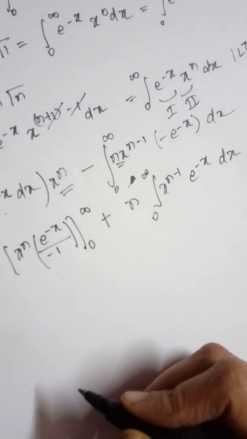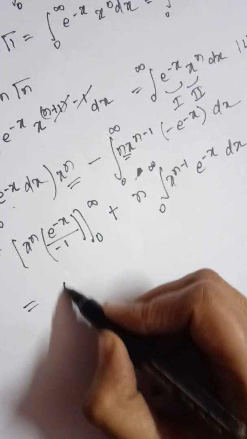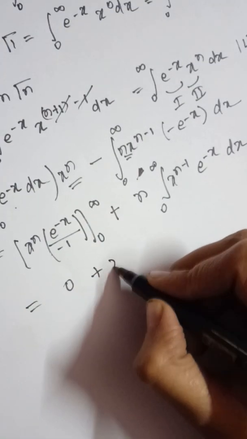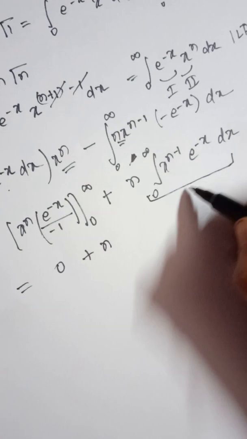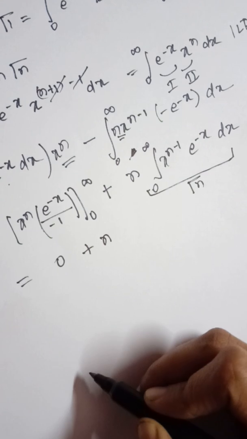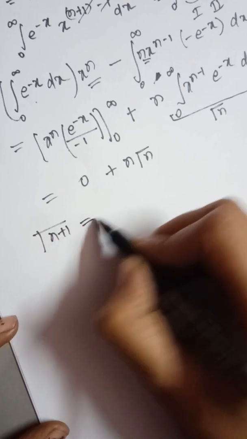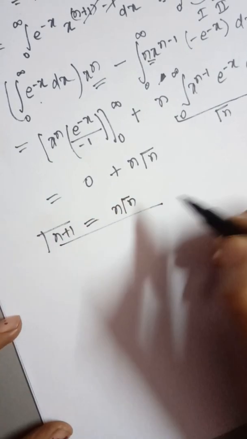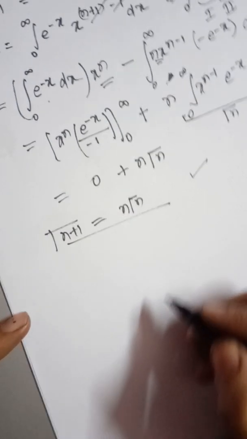Okay friends, so now when we put the limits, this term disappears, the only term left is n, and if you see this clearly, the remaining integral is nothing but the definition of the gamma function itself. So we are left with n gamma n. Hence we have proved gamma n plus 1 is n gamma n. This is the proof. This is a very important identity that you should remember.